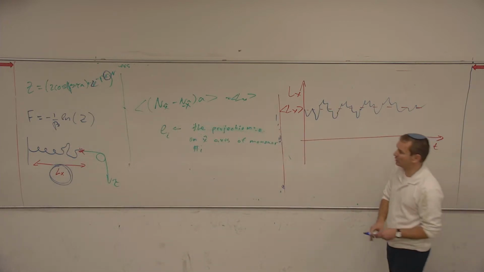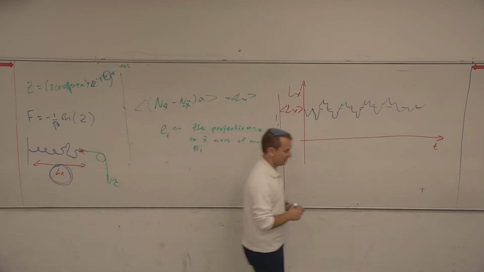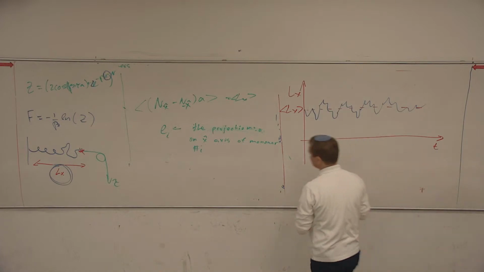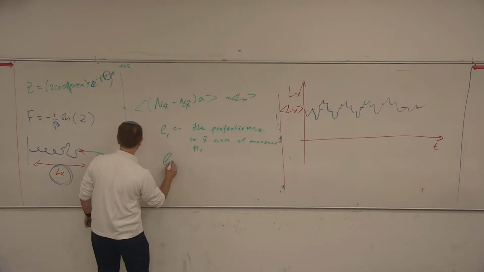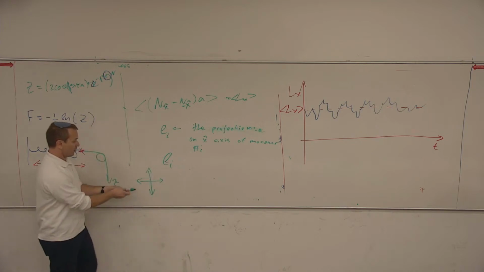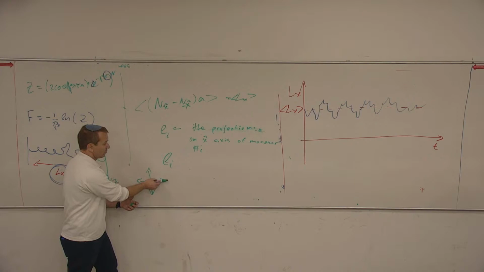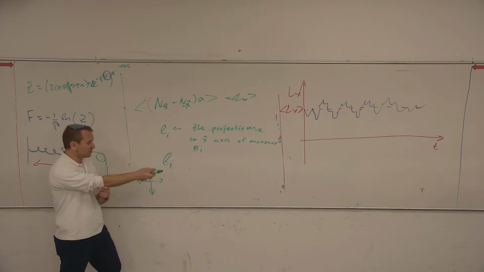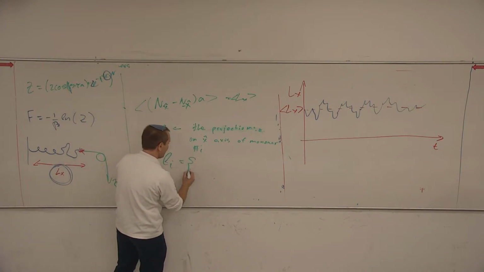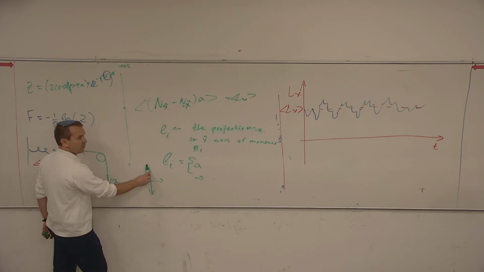What values can Li take? Remember, there are four states for each monomer. If the monomer is pointing to the right, what is the size of Li? The projection on the x-axis is not zero, you are right. So we have a if it's pointing to the right. If it's pointing upwards, 0.